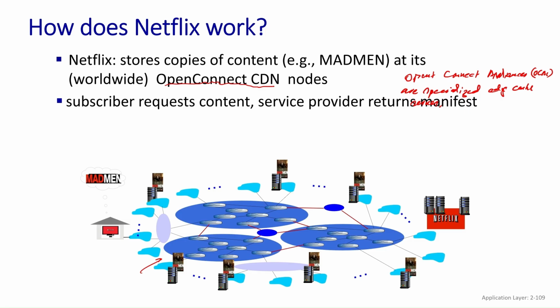What does a manifest file include? The manifest file includes the updated URLs for the upcoming chunks, right? URLs having the chunks encoded at different rates, placed at different CDN servers.